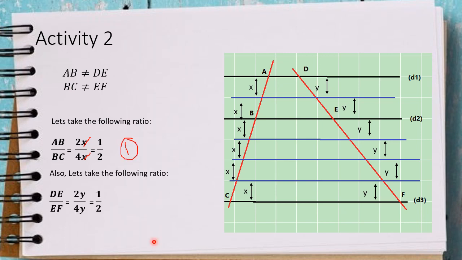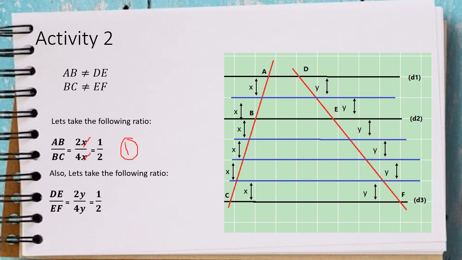Now let's take the other secant. Regarding the next secant, let's take the ratio DE over EF. Because we have the same distance between these lines, this is y and this is y, as we said, so DE is equal to 2y and EF is equal to 4y.